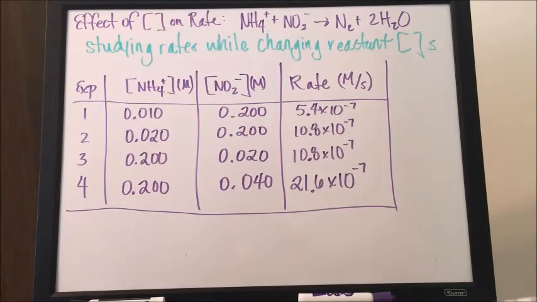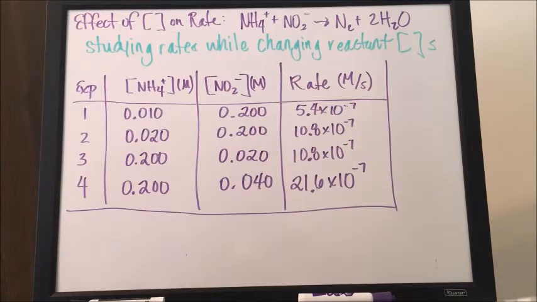It's just like if you're trying to run an experiment about how plants grow, and you change the amount of water you give them, you change the amount of sunlight you give them, and you change the type of soil between a set of plants. Well, how do you know who was responsible for the growth? You don't. So this goes back to we always change one variable at a time. So in this case, if we want to look at how only NH4 affects the rate, then we must keep NO2's concentration constant between 2 experiments.